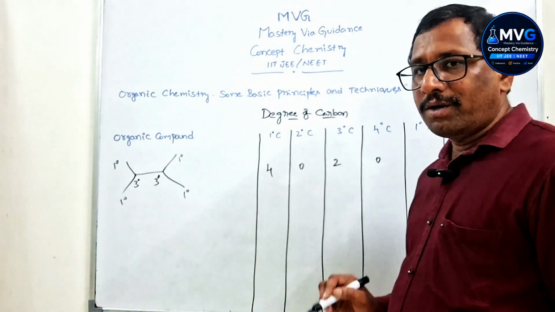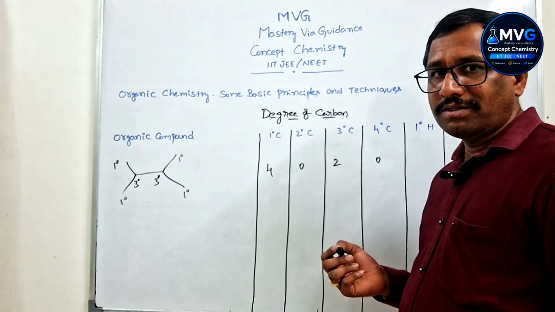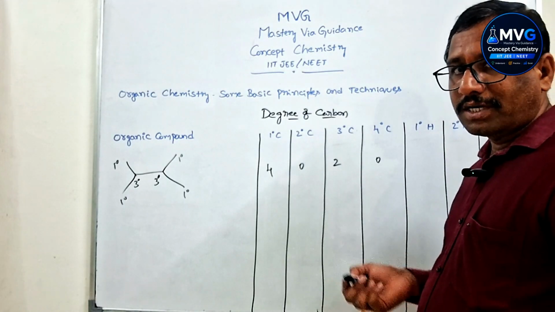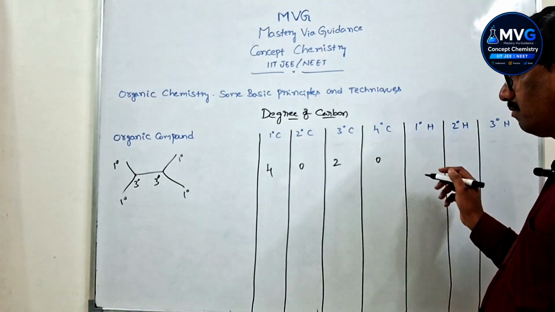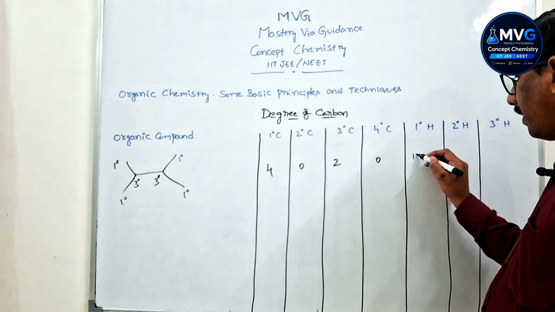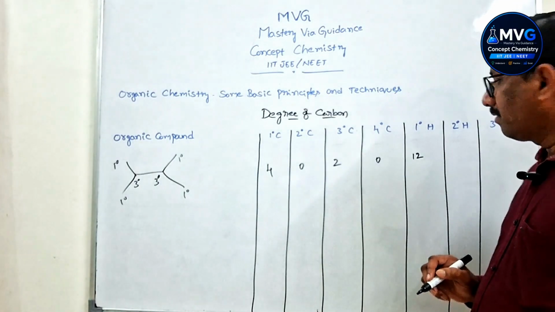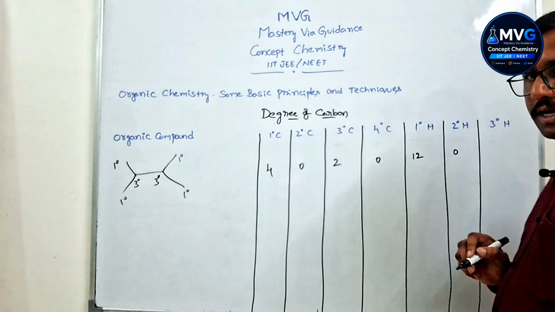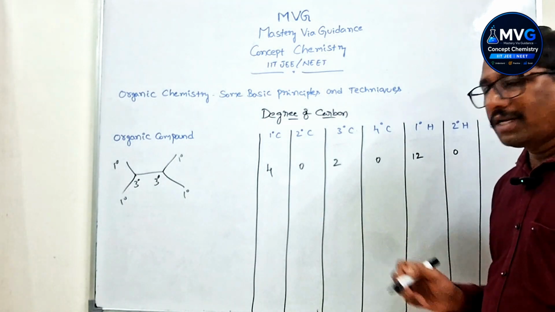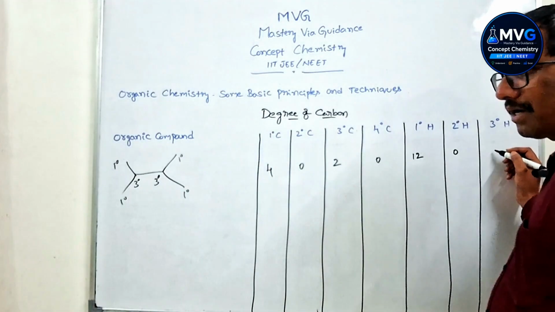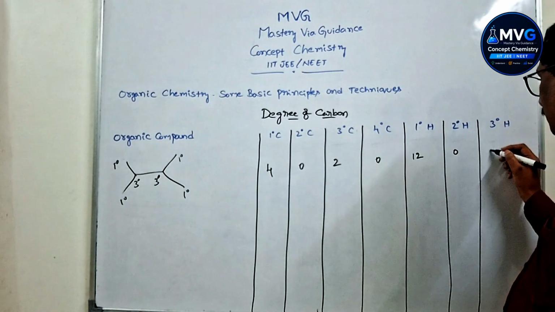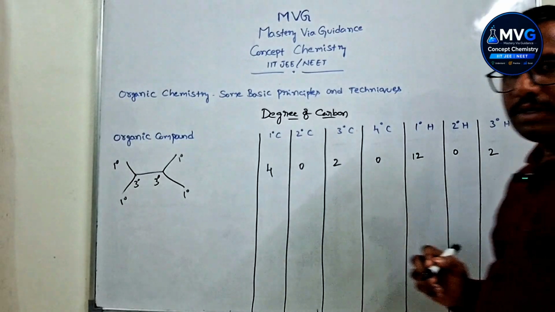Primary carbon attached hydrogens will be 3, as in the complete structure written previously. So 4 into 3, 12 primary hydrogens. Secondary carbons not there, so secondary hydrogens 0. Tertiary carbons 2, each tertiary carbon attached with 1 hydrogen.